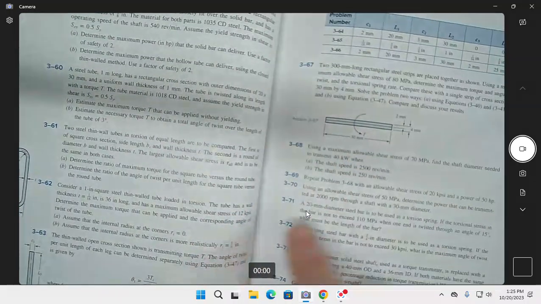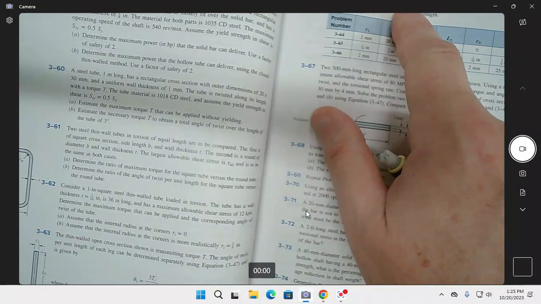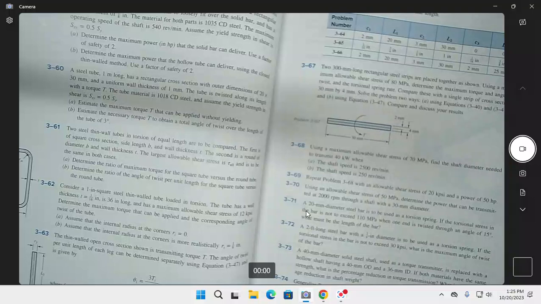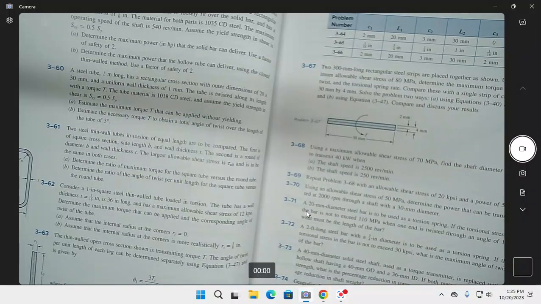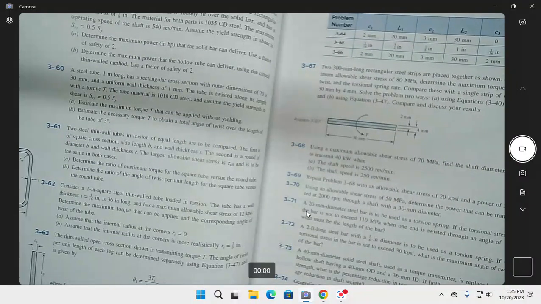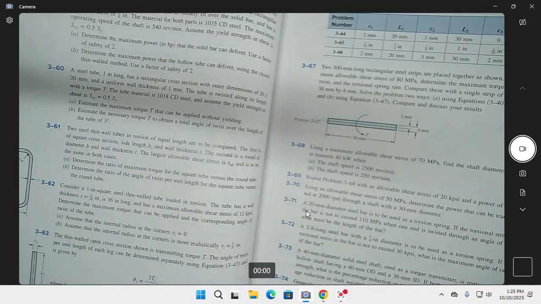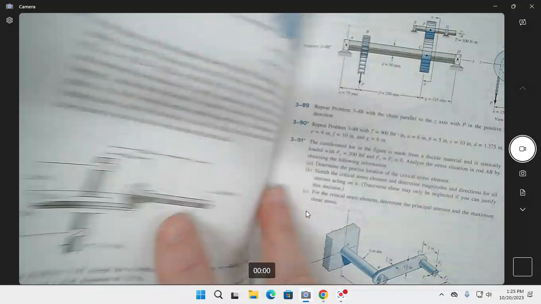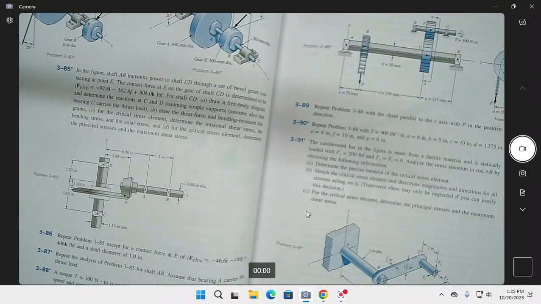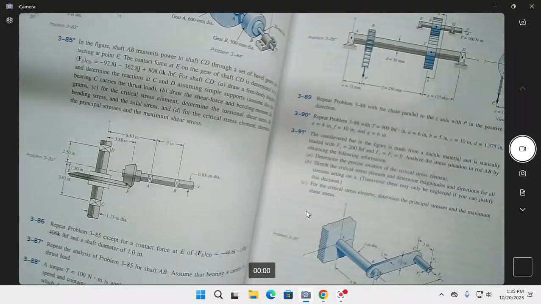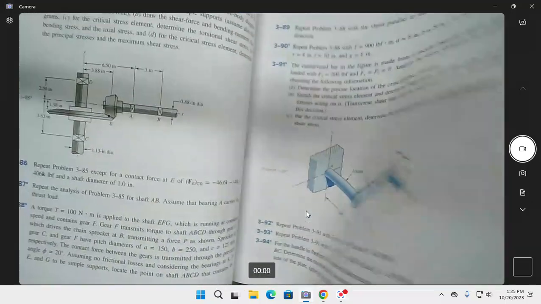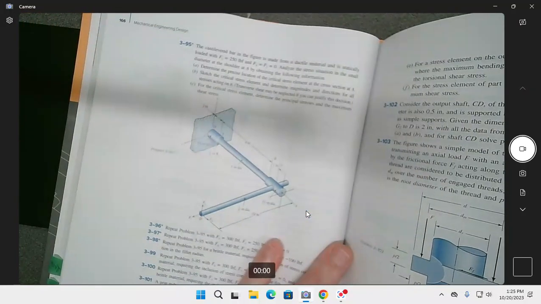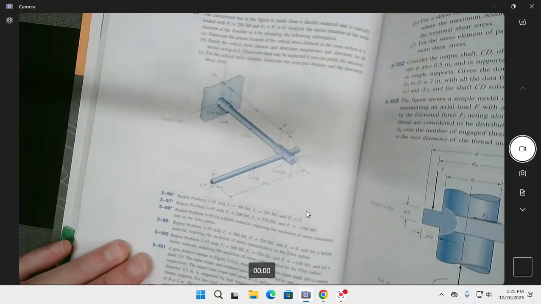We got that guy here. This makes for good video. Using allowable things to determine the power it can handle. Okay, so cantilever right here. This is really the problem here, right? This is that problem.